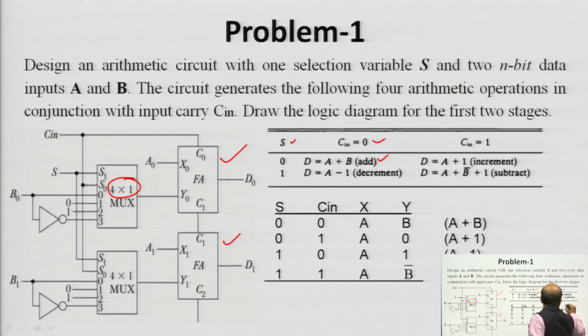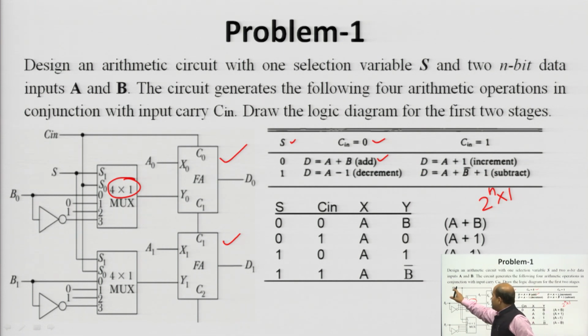So, we know the multiplexer can be represented in the form of 2 to the power n cross 1, where n is the number of selection inputs. So, here in this case the number of selection inputs will be 2, which are given here. Based on these two values one operation will be selected.